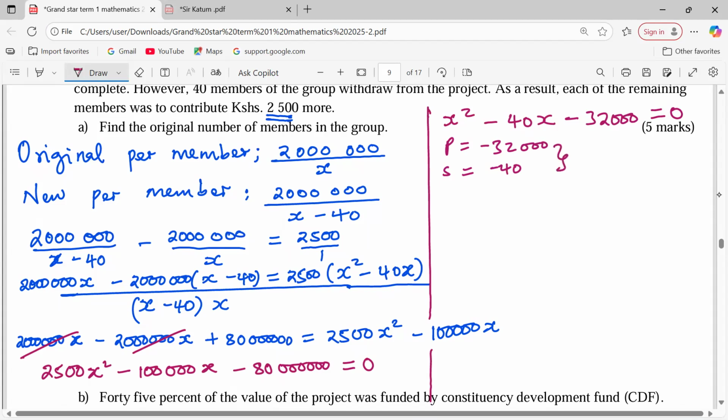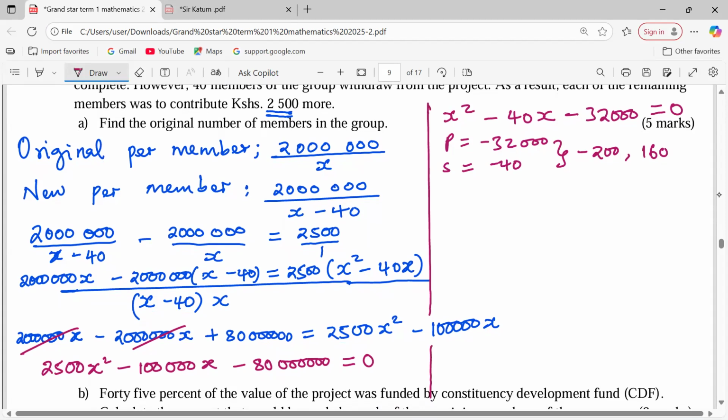So when we talk about negative 200 and positive 160, the product is negative 3200, the sum negative 40. So now this is x squared minus 200x plus 160x minus 3200 equals 0.